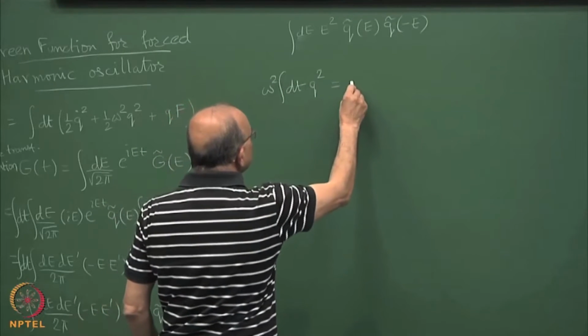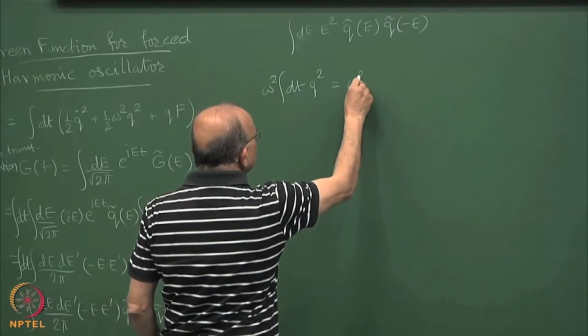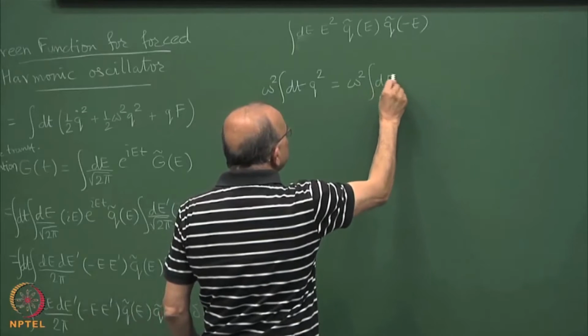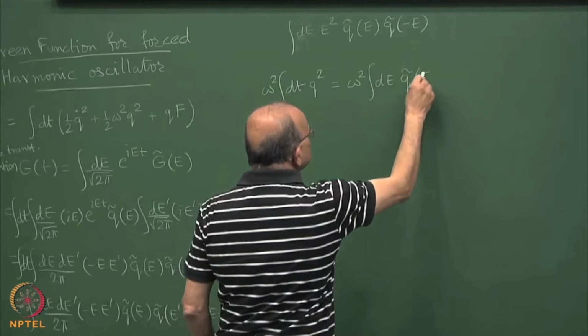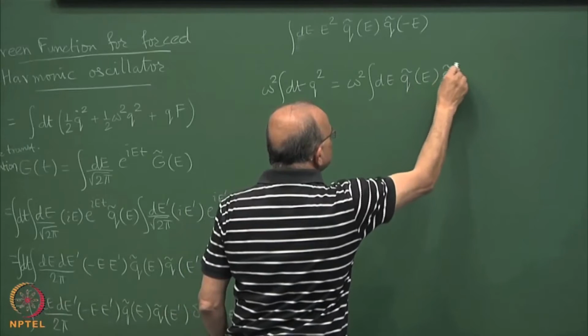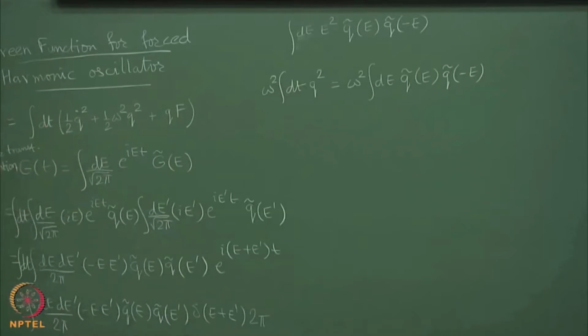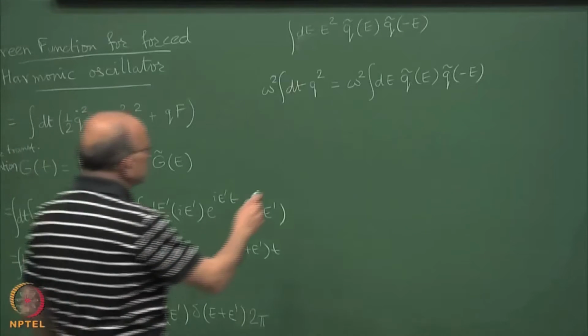This also becomes equal to omega squared times integral dE and simply q tilde E q tilde minus E. So you can recast it in that same form.